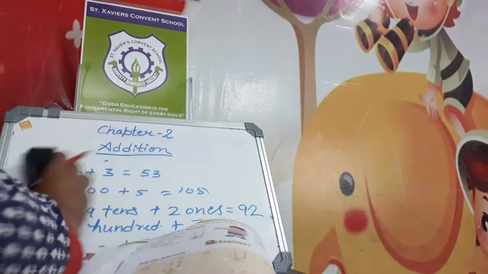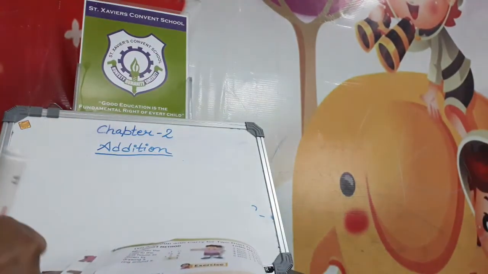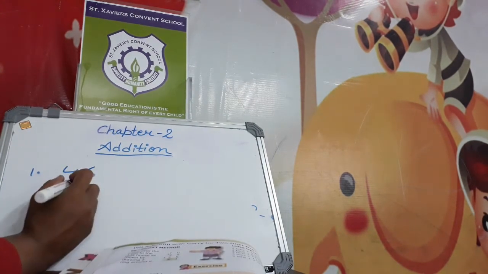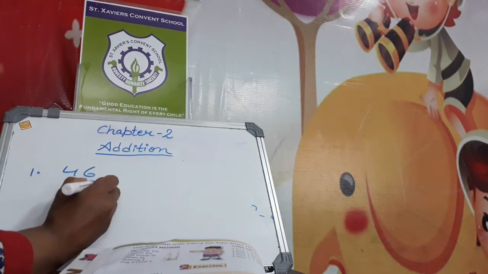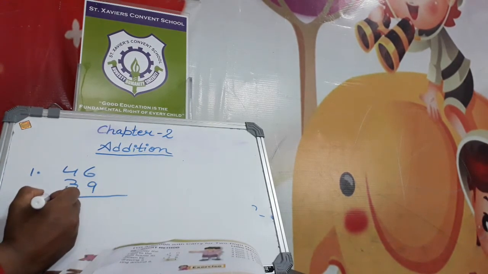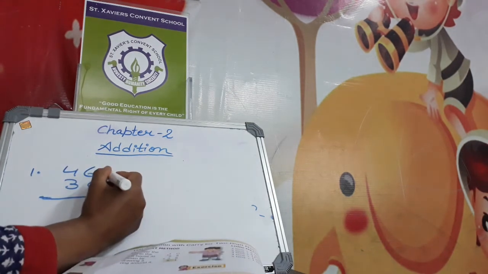Now see on the board, and question number 1 is 46. We have to add this number with 39. This is the 2-digit number with carry. Now 9 plus 6.